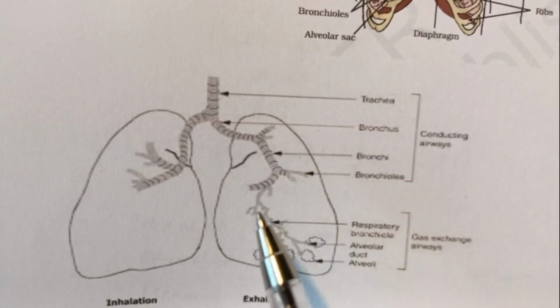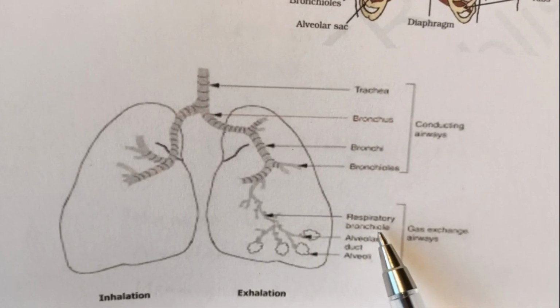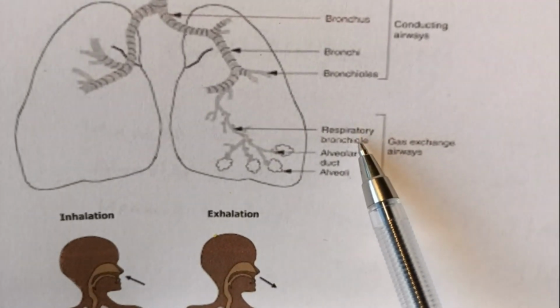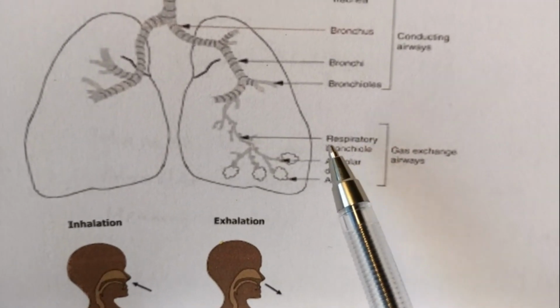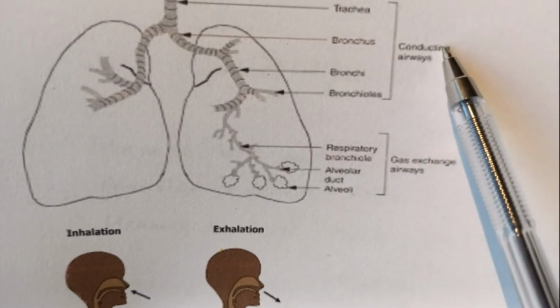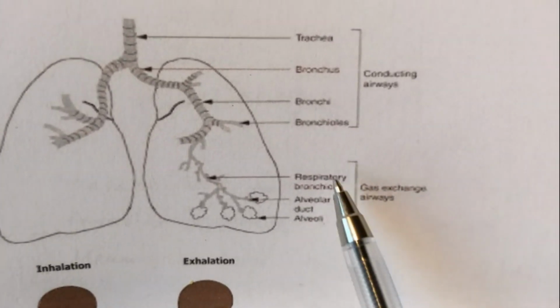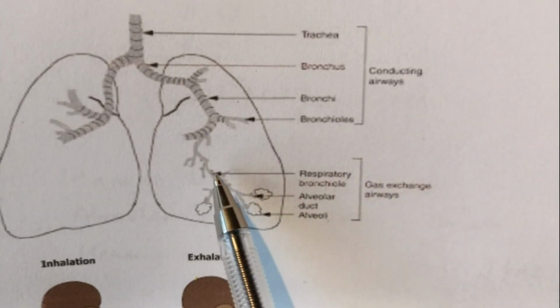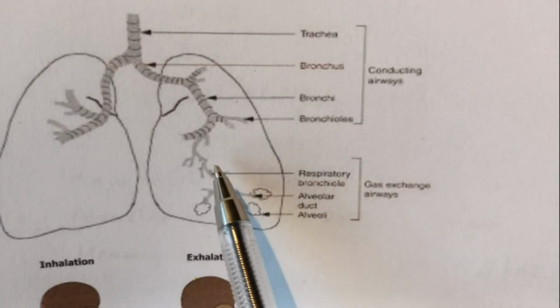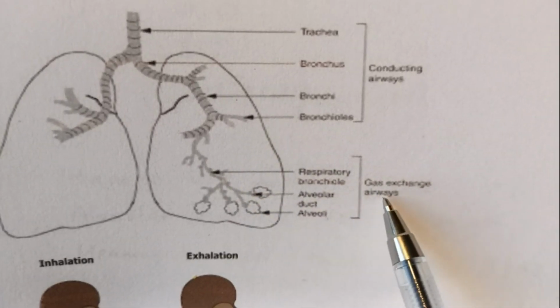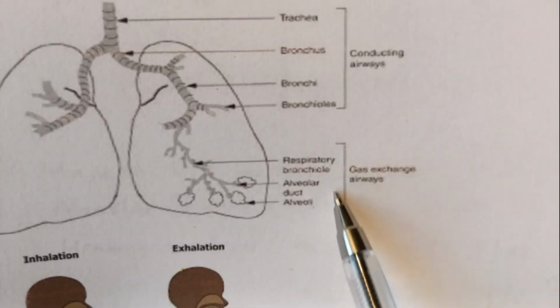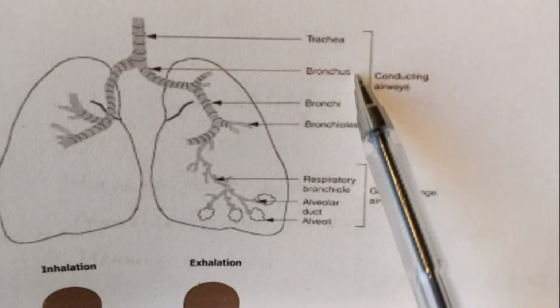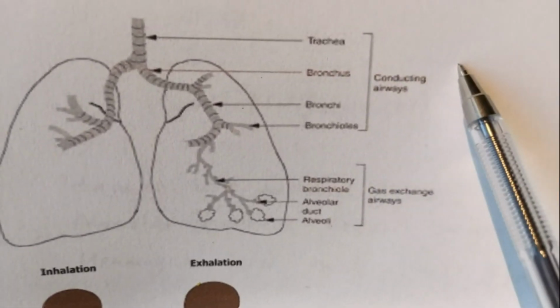The bronchioles further divide and subdivide into respiratory bronchioles. The difference between conducting airways and respiratory areas is that from the respiratory bronchiole onwards, gas exchange takes place, whereas in conducting airways, there is no gas exchange.